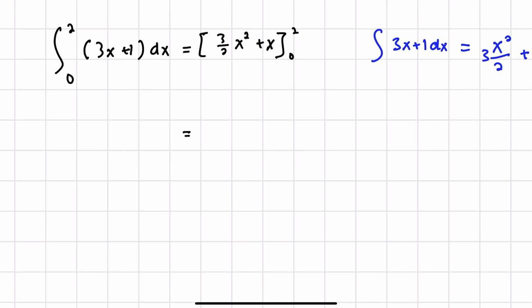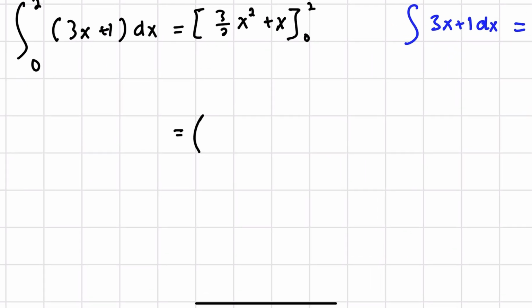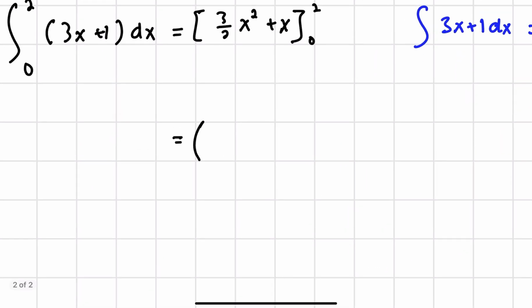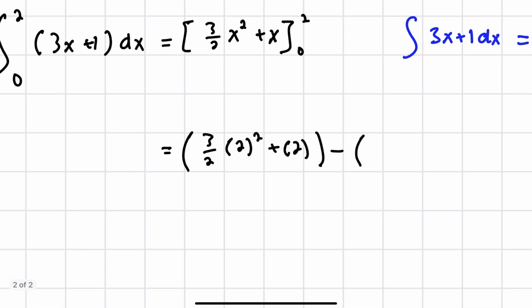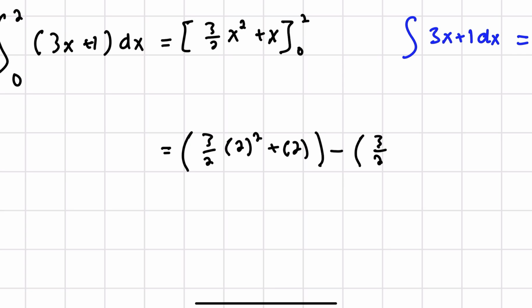So let's just plug everything in. Let's first evaluate the upper bound, which is 3 over 2 times 2 squared plus 2, and then minus, now let's do the lower bound. So 3 over 2 times 0 squared plus 0.